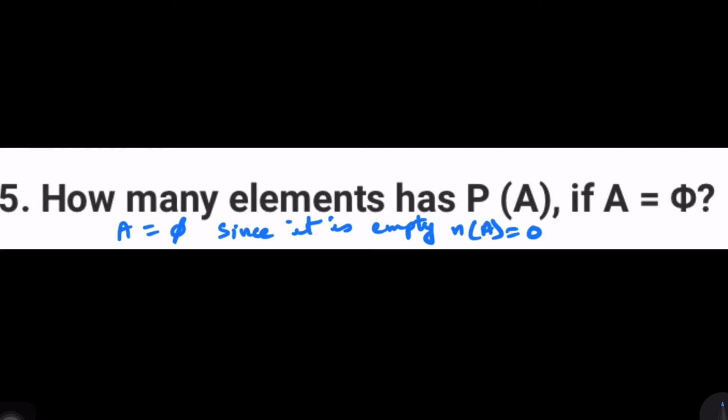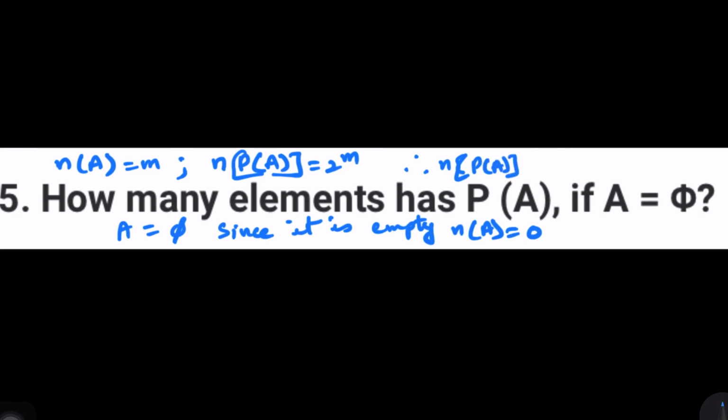Now what is this power set? How many elements will the power set of A consist? Now you know that if n of A is m elements, then the power set will consist of 2 to the power of m elements, isn't it? So therefore here n of power set of A will be 2 to the power of 0, which is equal to 1.